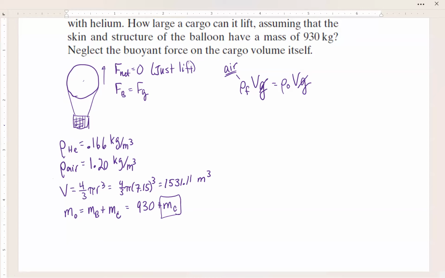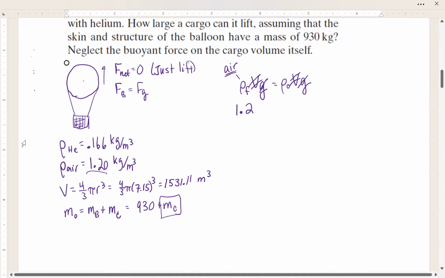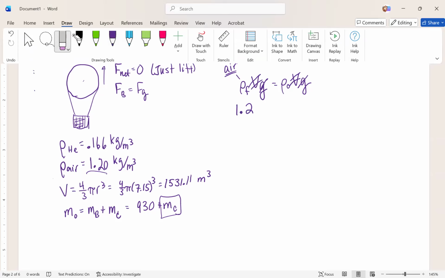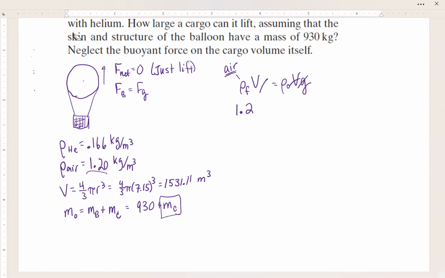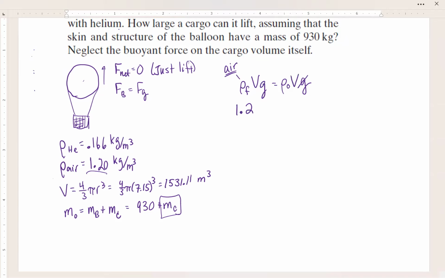Actually, the density of my object has to equal 1.2. So this is going to be 1.2. My volumes cancel, bam, bam. I calculated that out for nothing. Oh, wait, I didn't do that. Okay. I knew there was something crazy here. Okay, well, let's just go ahead and figure this out here because there's more to it. I'm just being a goofball here. Okay.